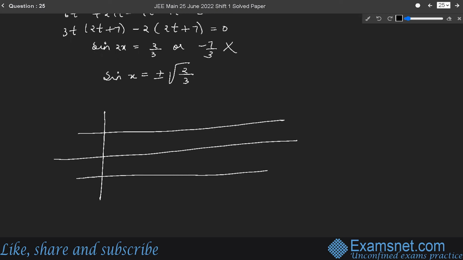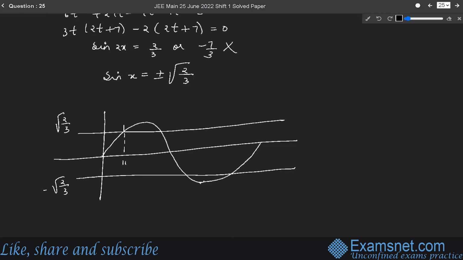This graph is just to make you understand the basic concept. So, the figure will be somehow this way as it passes in a wavy shape. Here this will be plus root 2 by 3 and this will be minus root 2 by 3.